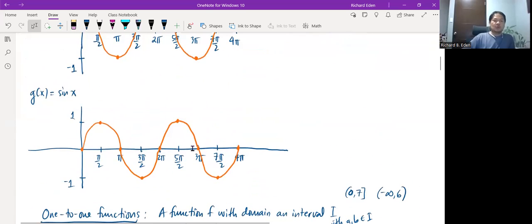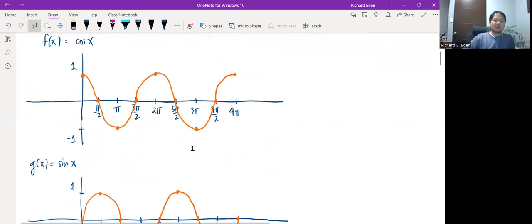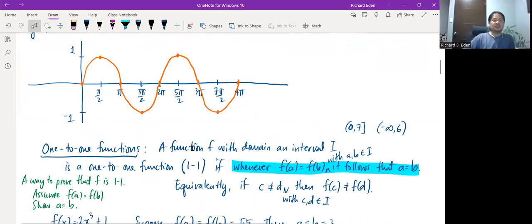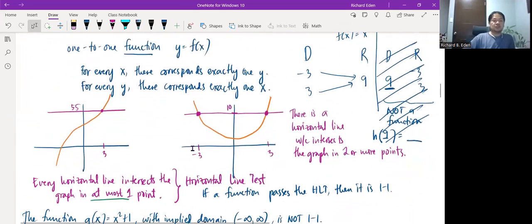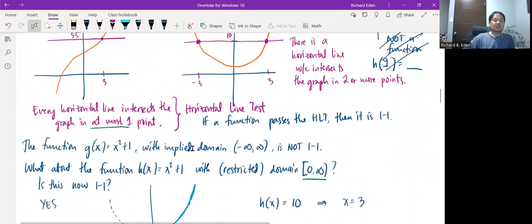So one noteworthy thing about the graph of the cosine and sine functions is that they are not one-to-one. They all fail the horizontal line test because they are periodic functions. Actually, any periodic function will fail the horizontal line test. Any periodic function is not one-to-one.